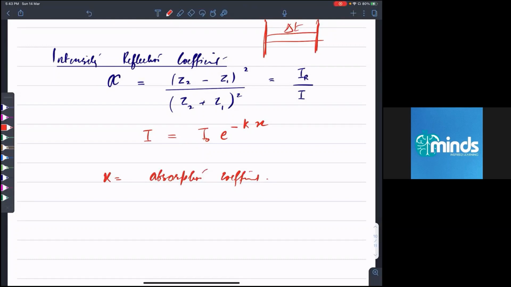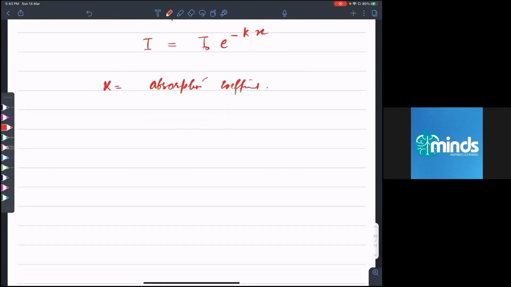Now, normally, when we take ultrasound, we perform two different scans. One is known as A scan. What we do in A scan is actually measure the distance between the boundaries.